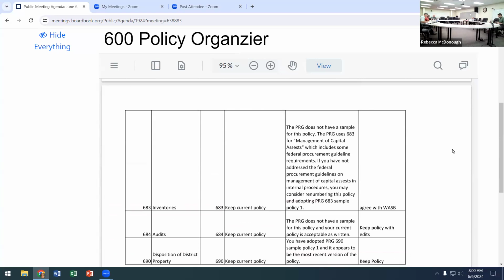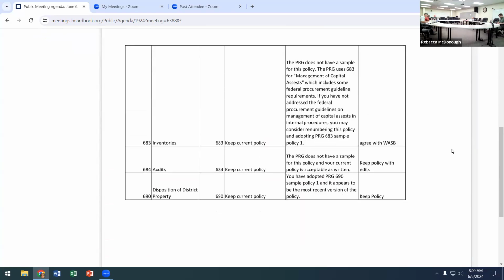683 is inventories. Only change we have to this one is changing the business manager distinction. And it references some of the federal procurement guidelines which we're aware of. 684 is audits.